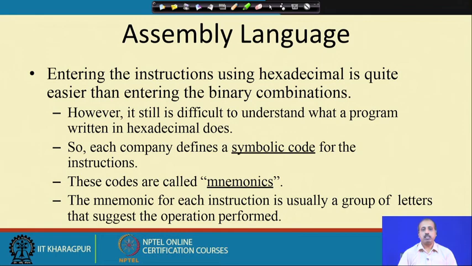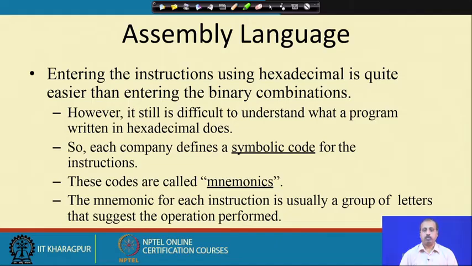Now, this hexadecimal type of entry is also not very comfortable for the users, because if you look into a program written in hexadecimal codes, naturally it looks very cryptic. As a reader of the program we do not understand the meaning until for each instruction we look into the corresponding meaning from the manual.